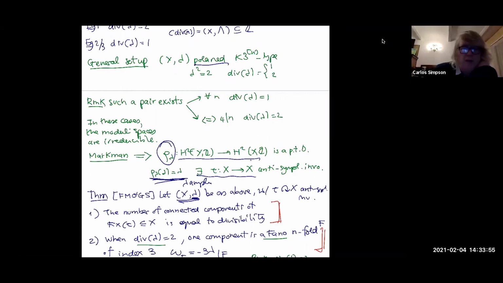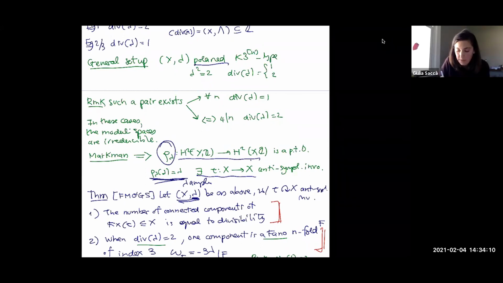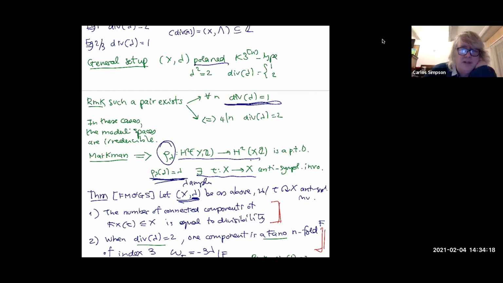Okay, but do we expect that any component of moduli of hyperkahler manifolds has something like that happening? I mean, are there always involutions? So in the divisibility one case it appears in all of the K3^[n] types for any n. When you say that such a pair exists, maybe that's my lack of knowledge about how these moduli spaces look, but there's one moduli space for each n, right?